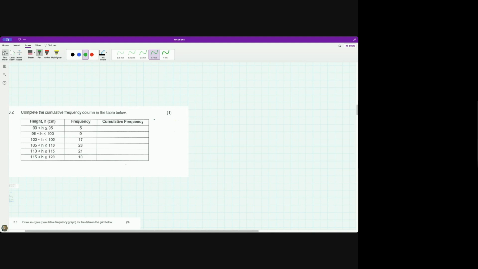I'll add an extra column for the point to help you work it out. I want you to all complete this table now by yourself. And once you've got all the points, tell me done in the chat. And then after that, you are going to draw for me the ogive, or the cumulative frequency curve that relates to this.